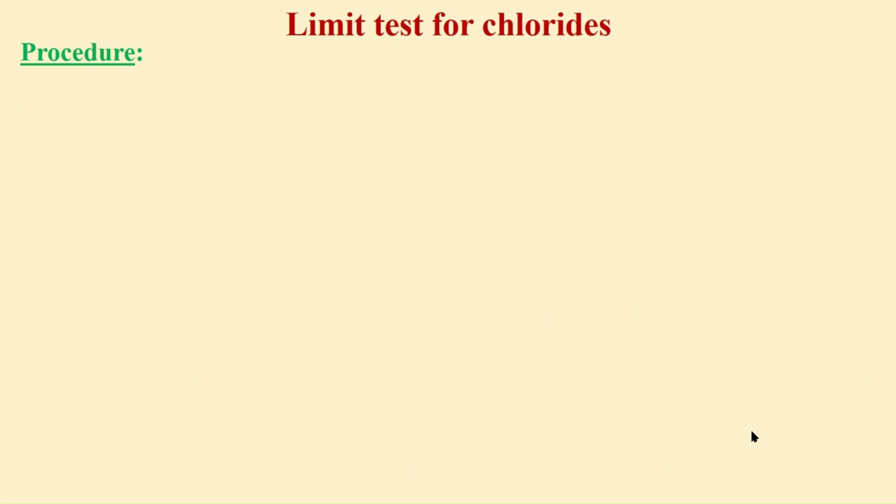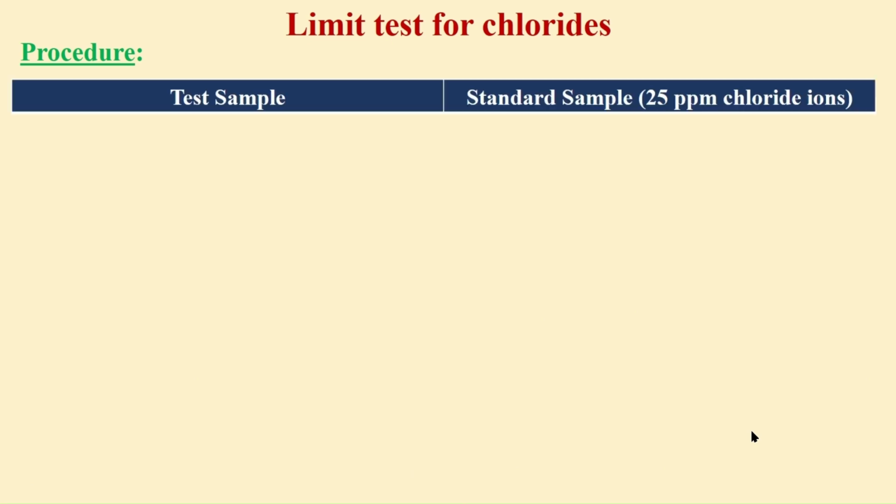What is the procedure followed? We take two Nessler cylinders. In one Nessler cylinder we add the test sample, and in another Nessler cylinder we add the standard sample.